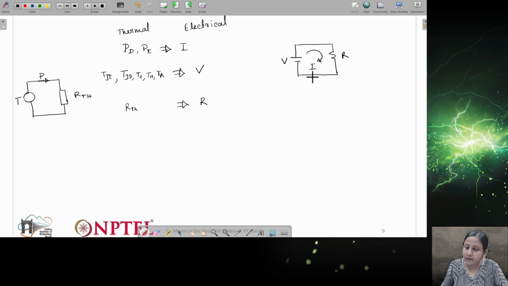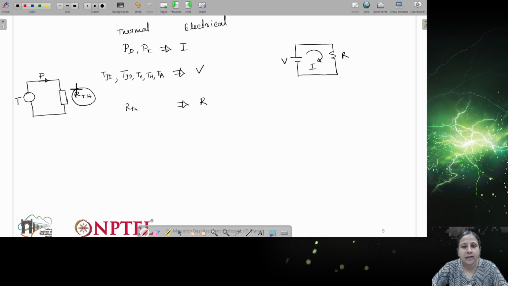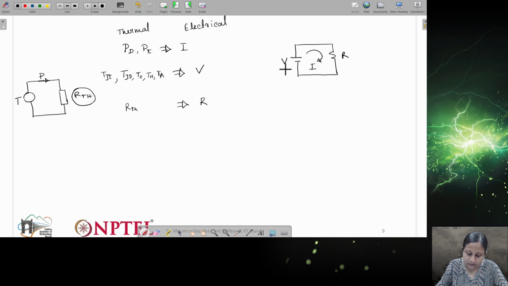So you can see the equivalent diagram. This RTH is providing the heat transfer medium. It can be a heat sink or any other thing which you can use as the heat sink, or the PCB track or anything. So this is helping the system to transfer the heat. So T is the temperature, which is equivalent to voltage.